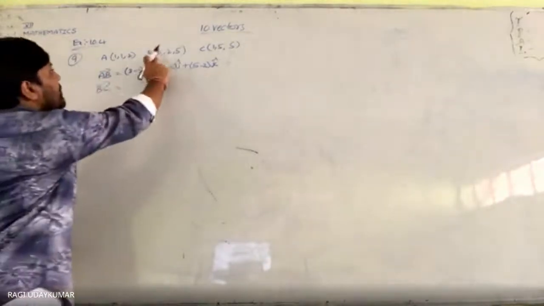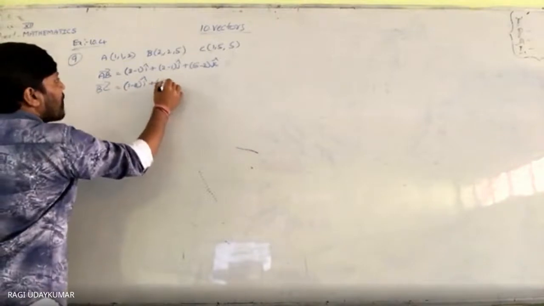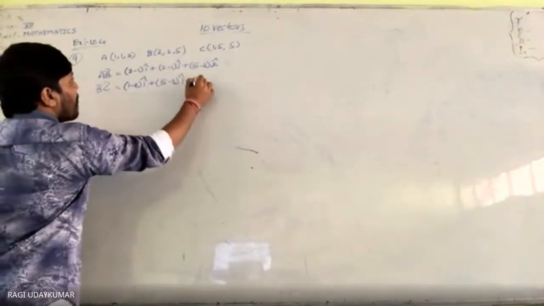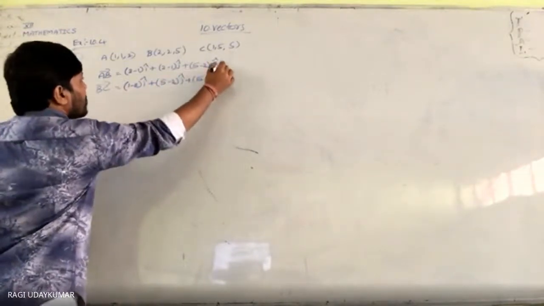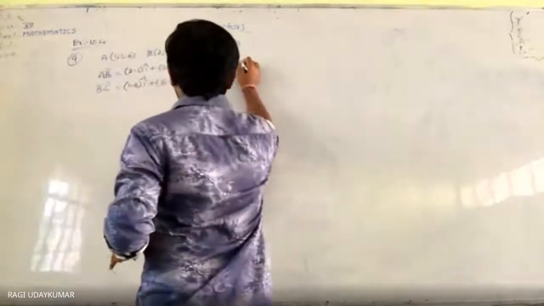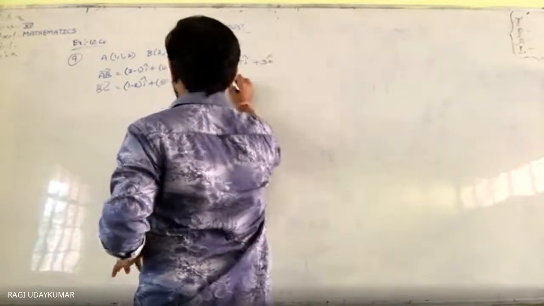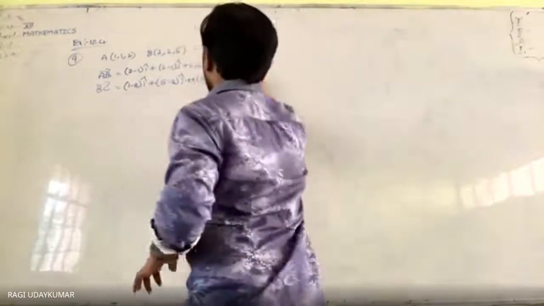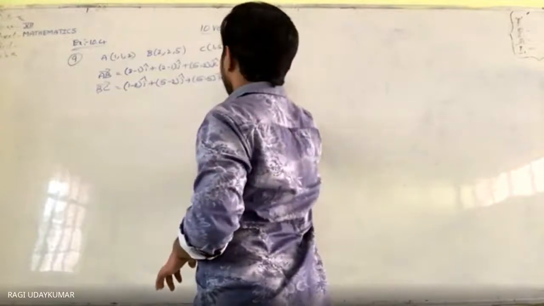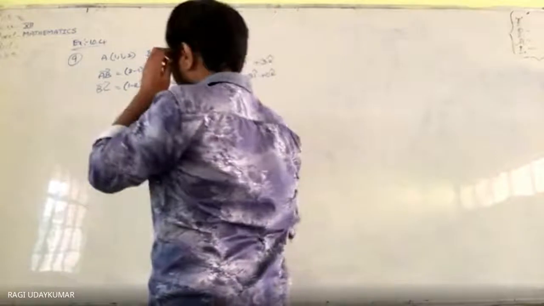BC is nothing but (1 minus 2) into i plus (5 minus 3) into j plus (5 minus 5) into k, which is equal to minus i plus 2j plus 0k.